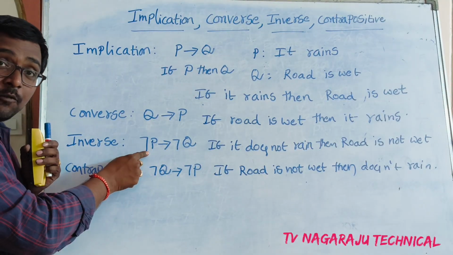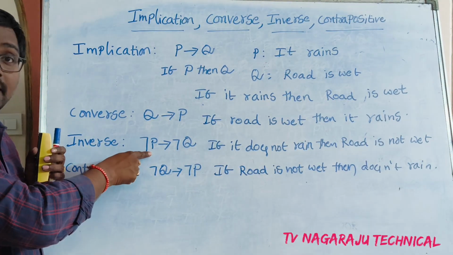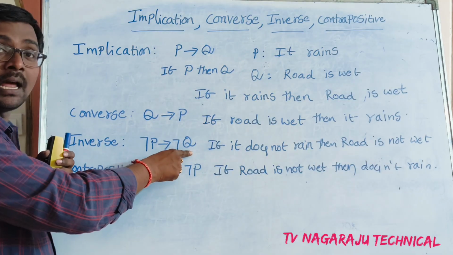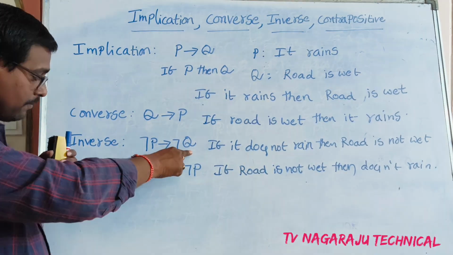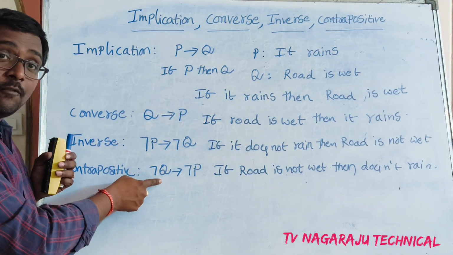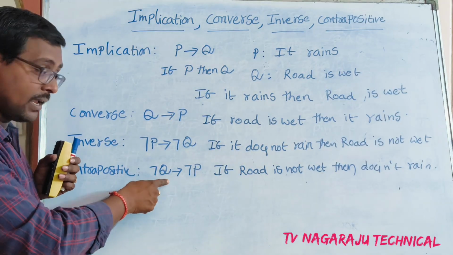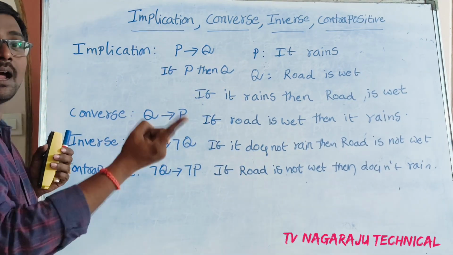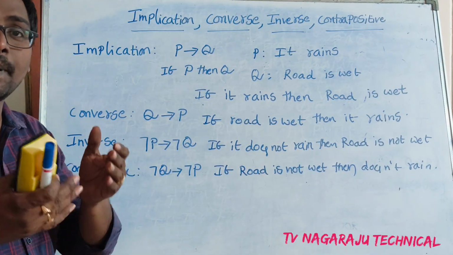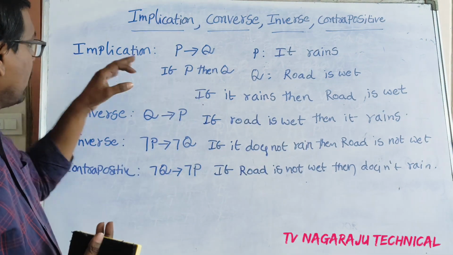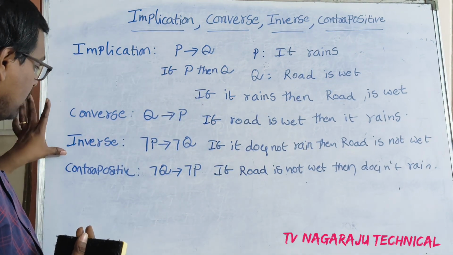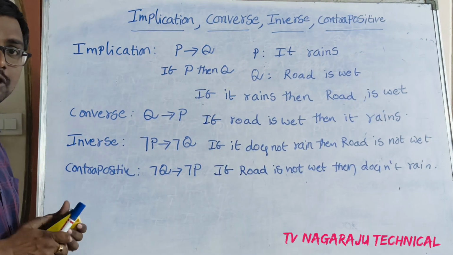Negation P: if three angles are not equal, then it is not an equilateral triangle. Now contrapositive: if it is not an equilateral triangle, then the three angles are not equal. Like this, depending upon the requirement, we can use either implication, converse, inverse, or contrapositive.